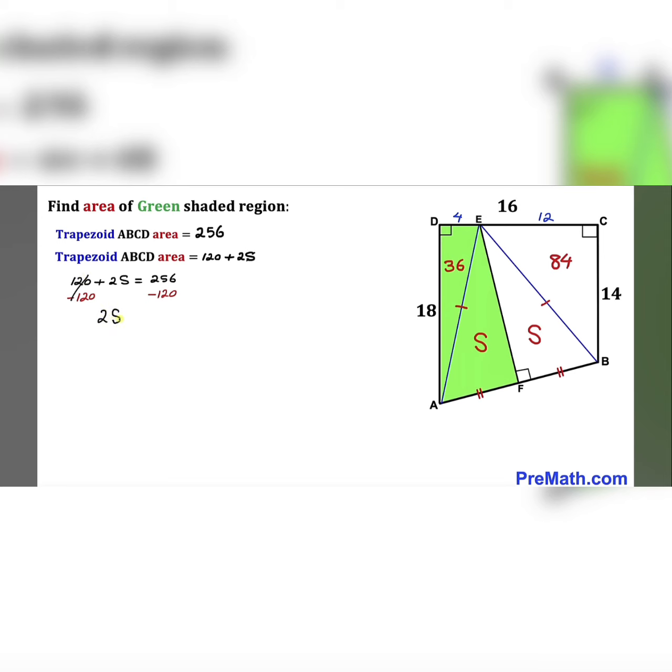So therefore 2 times S turns out to be 136. Let's divide both sides by 2. This 2 is gone. So therefore our area S turns out to be 68 square units. So therefore this area S turns out to be 68 each.